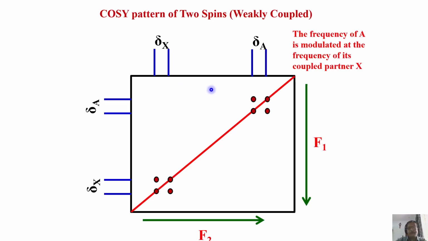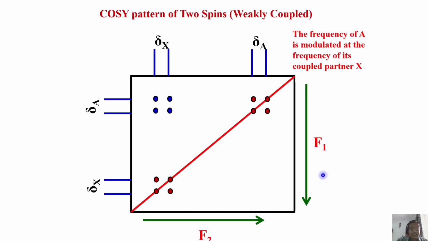I told you, A gets modulated because of X, because it gives part of its polarization to X during evolution. Similarly, X gives part of its polarization to A. The frequency of A gets modulated at the frequency of its coupled partner. So what will happen? A is going to give cross peaks.